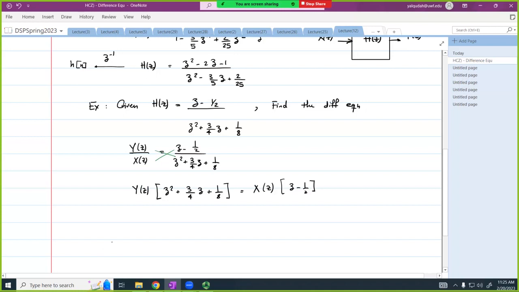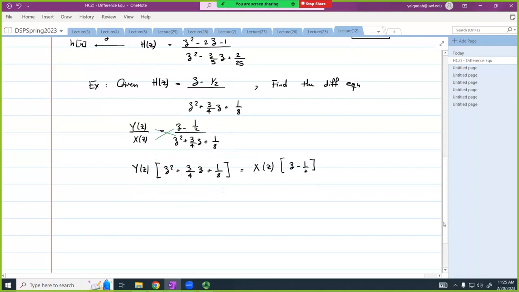What do we do next? We take the inverse z transform. What is the inverse z transform of Y(z) multiplied by z^2? y(n+2).